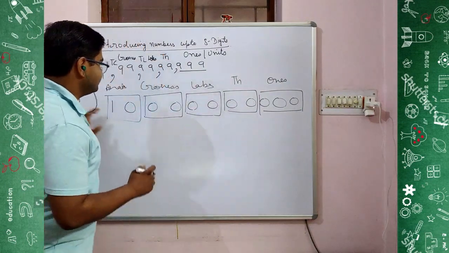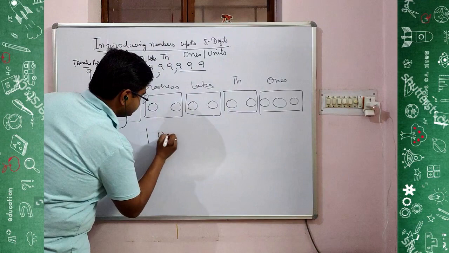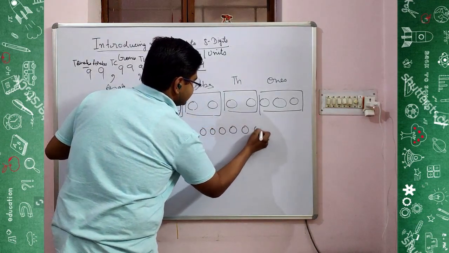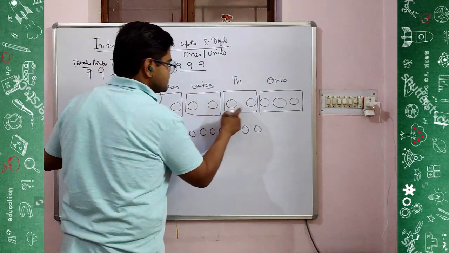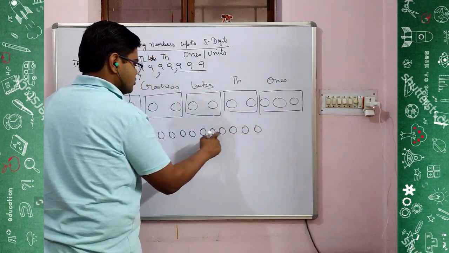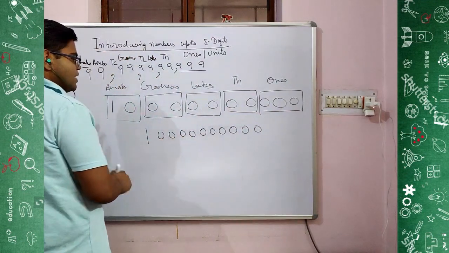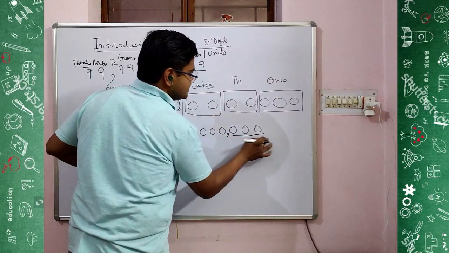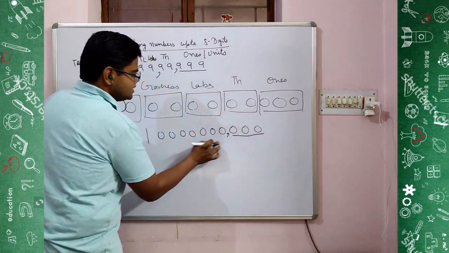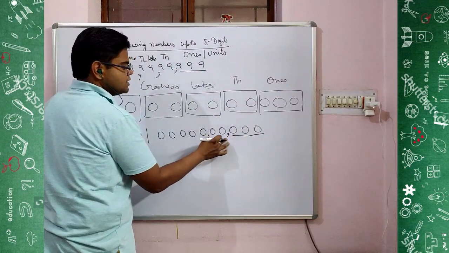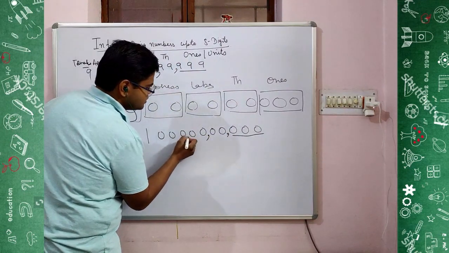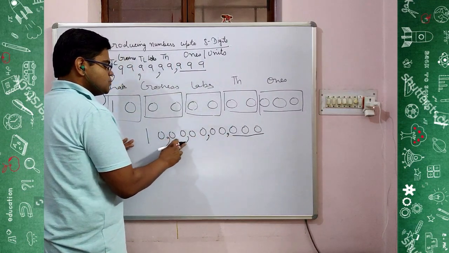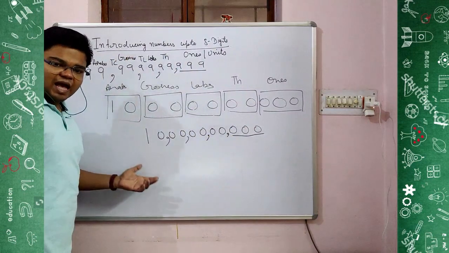So if you are writing this number, 1 followed by 10 zeros. These three will be separated with a comma, telling us these are ones period. These two are again separated with a comma, thousands period. These two zeros are again separated with a comma, lakhs period. These two are again separated with a comma, crores period. And these two are your Arabs period.